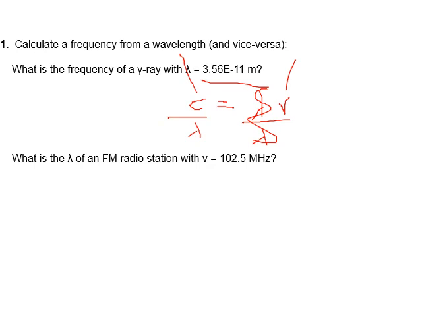So 88 to 108 is going to be between 30 and 300 megahertz. That's going to be in the VHF range, where most of your main TV stations would be. From channel 2 up to 13 or so would be VHF.